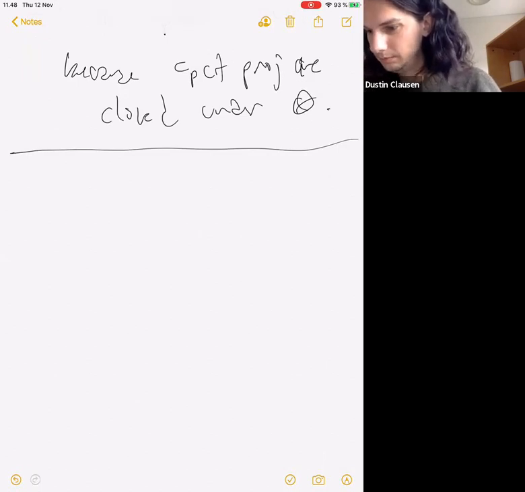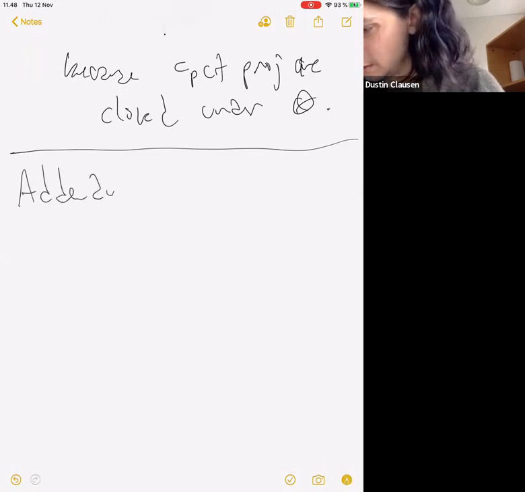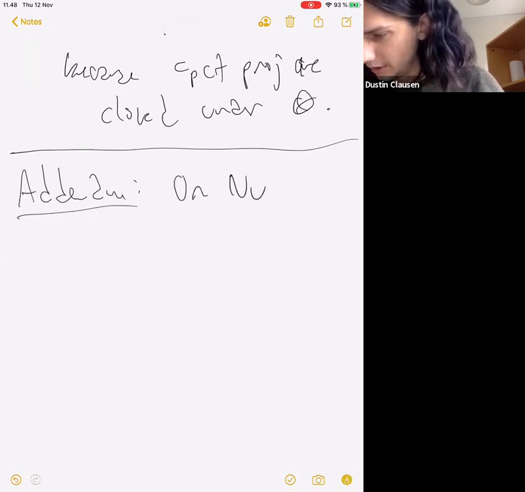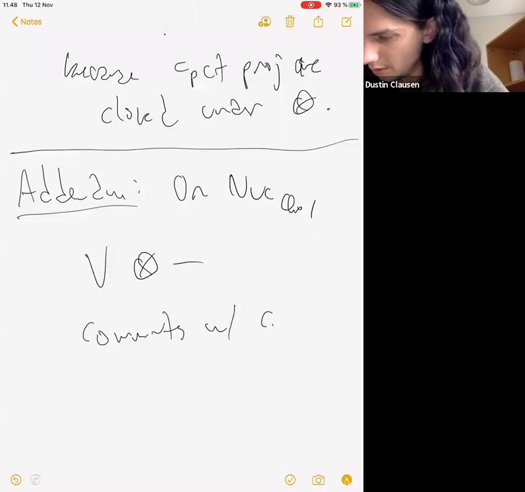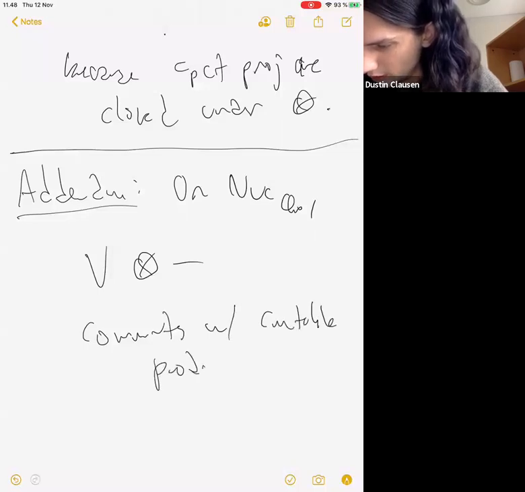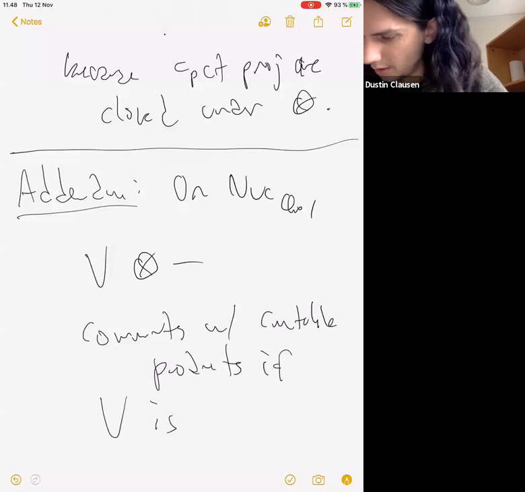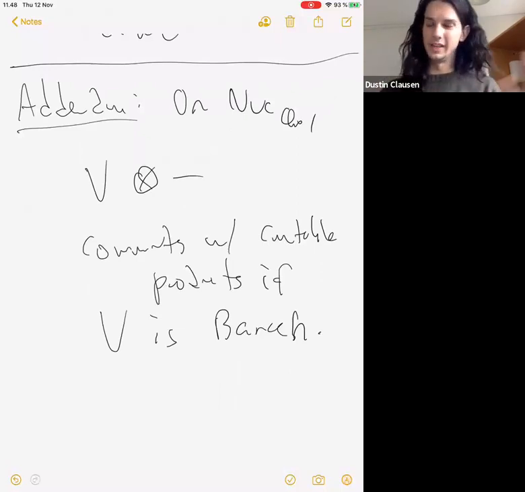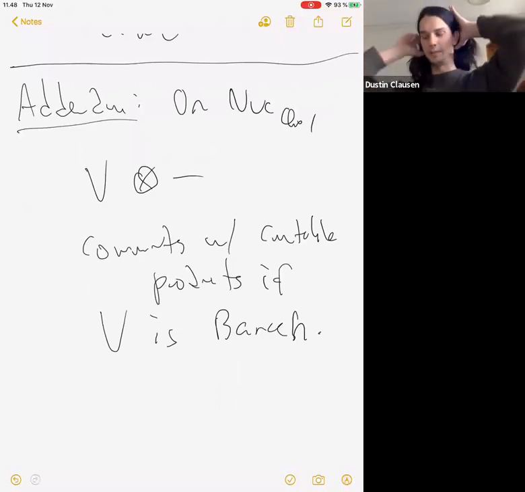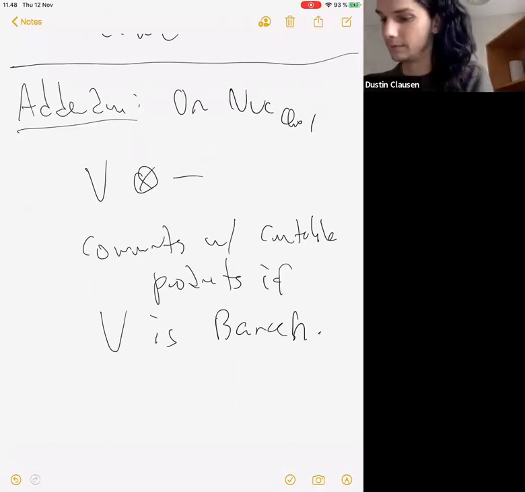And an addendum to this: on nuclear QP vector spaces, V tensor blank commutes with countable products, if V is Banach. So you also behave like a completed tensor product with respect to Banach spaces in this sense. Actually, it's also true more generally with Fréchet, but let's just stick with Banach.